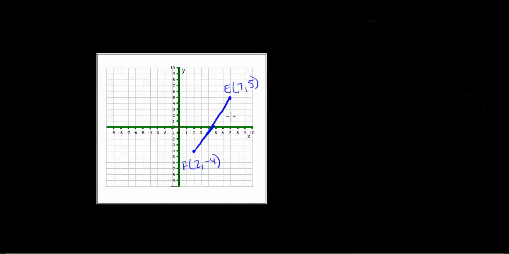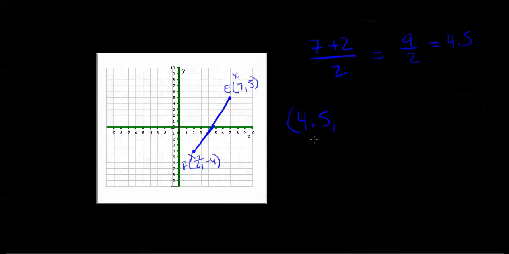So we have (7 plus 2) divided by 2. We can simplify this to get 9 over 2, which equals 4.5. So the x-coordinate of the midpoint is 4.5.